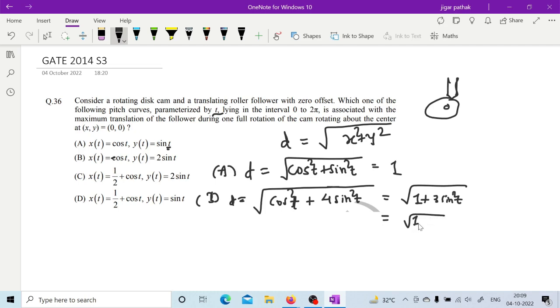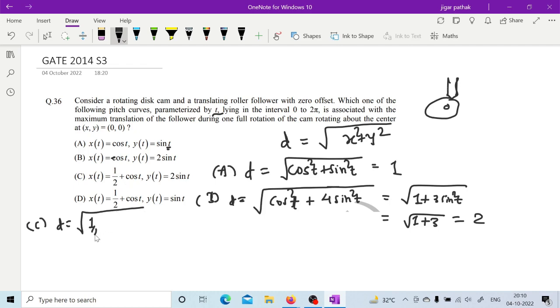So that is 1 plus 3, so that is 2. Let me correctly write this. So it is 2.